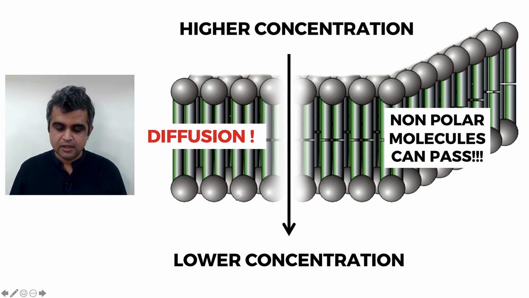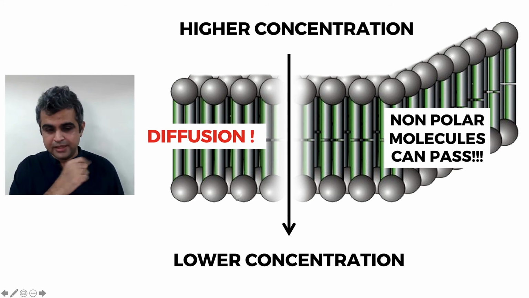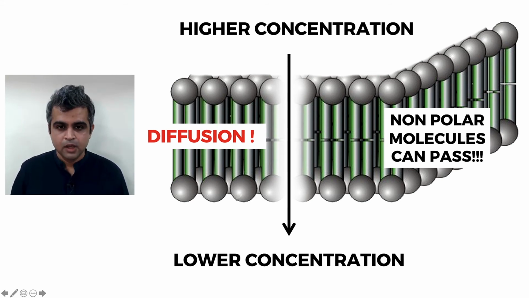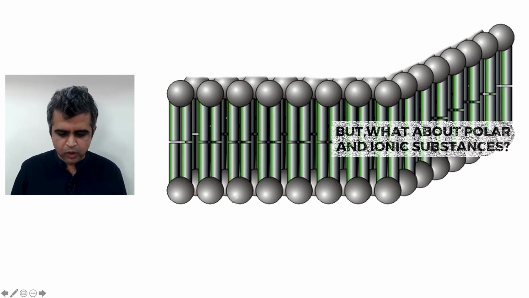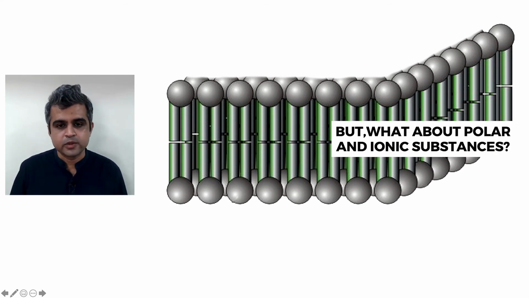So anyways, as far as non-polar is concerned, I hope that this diagram is clear. So what about the polar molecules and the ionic molecules? How can they cross the membrane? I think everybody now would be clear that you would require some road or some channel, or some bridge, some path through which they can go from outside to inside.